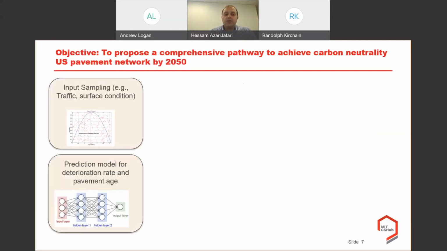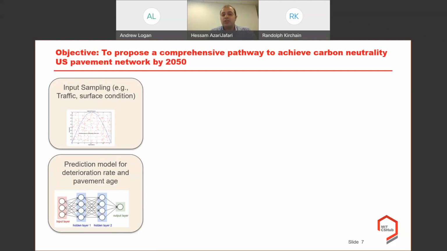So to do that, we needed a huge amount of data. First of all, to collect all this data from different road segments, from publicly available national databases, to see what the current condition of the roads is in terms of the surface deterioration levels, what the traffic level is, and what the thickness of the pavements is.